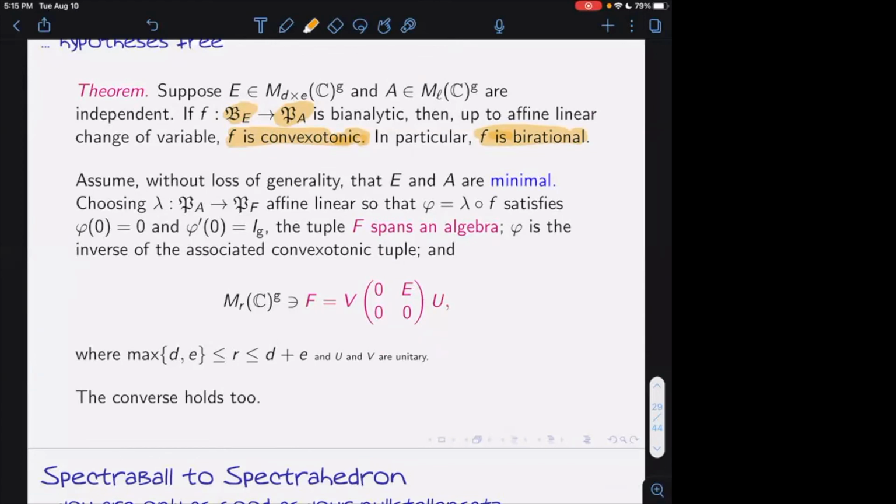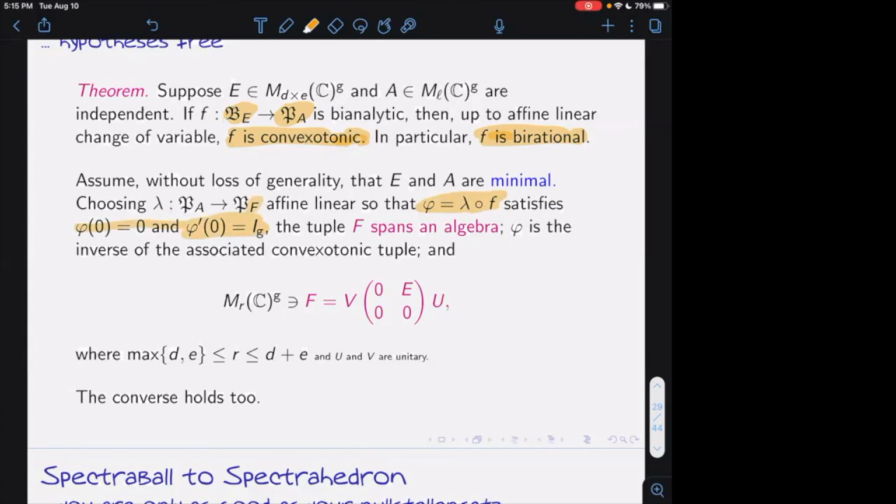we make an affine linear change of variables. We start with our map F. We're not assuming F sends 0 to 0 or that F prime of 0 is the identity. So we make the corresponding affine linear change of variables so that phi satisfies those two conditions.